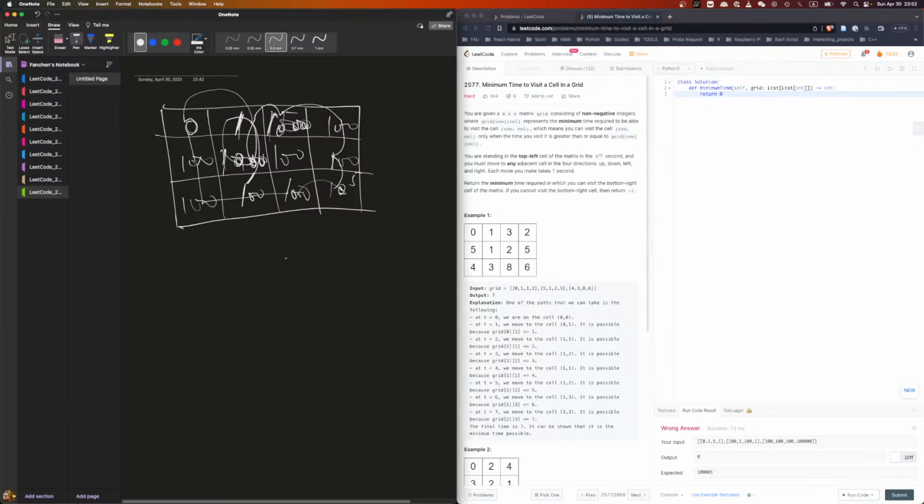Wait, why is it 10 to the 5th plus 1? Because we go back and forth, back and forth. If I hit here is 10 to the 5th, then 10 to the 5th minus 1 is here.